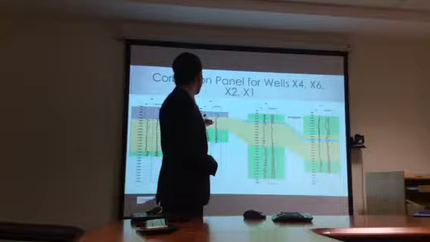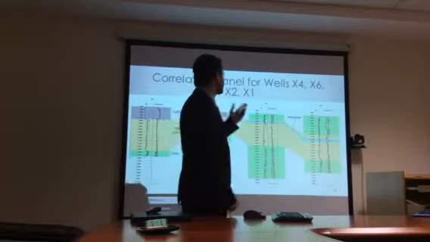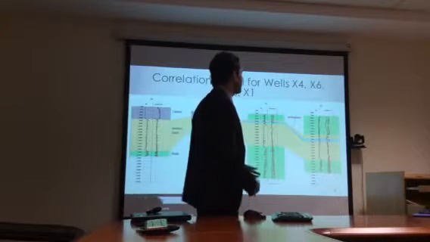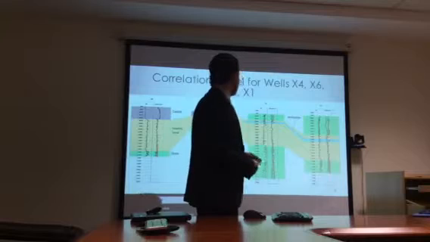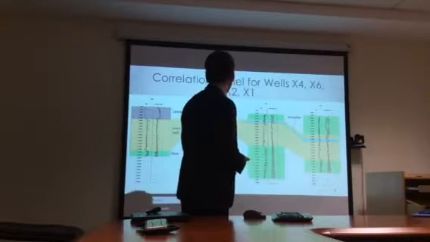So first up was the shale, and then there was the Jurassic sand that showed up. In the Jurassic sand, there was a particular event where anhydrite was being deposited, and it can be seen pinching out between X6 and X1.